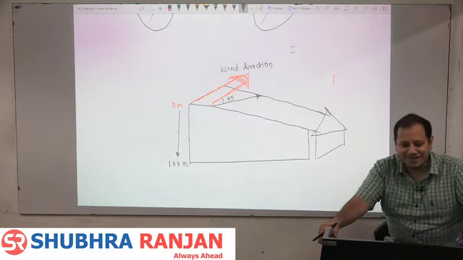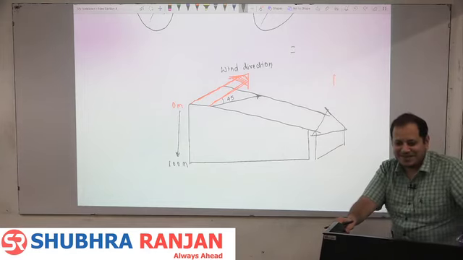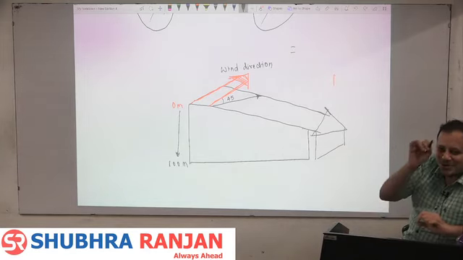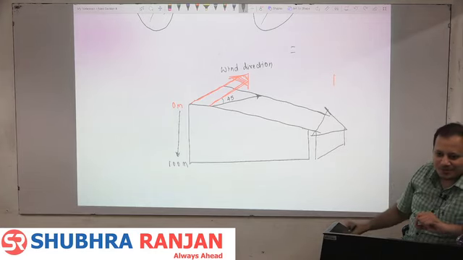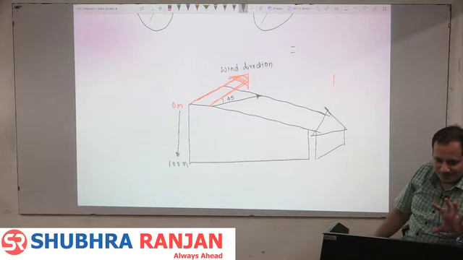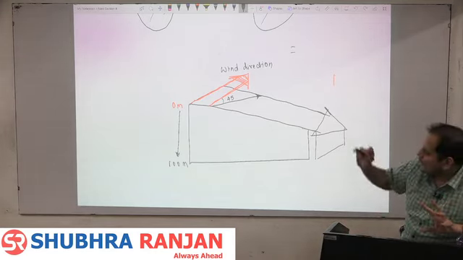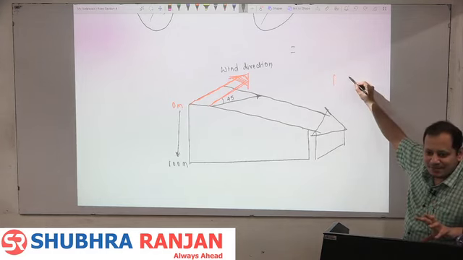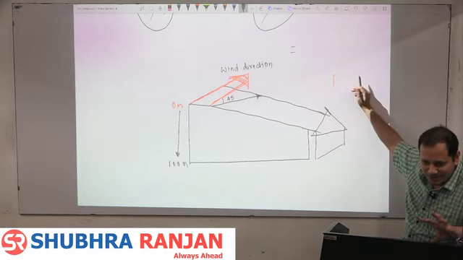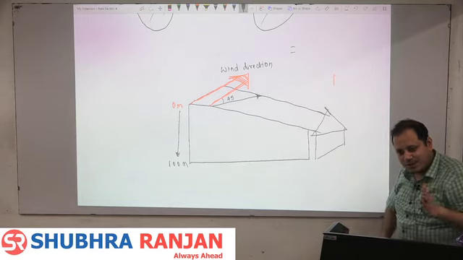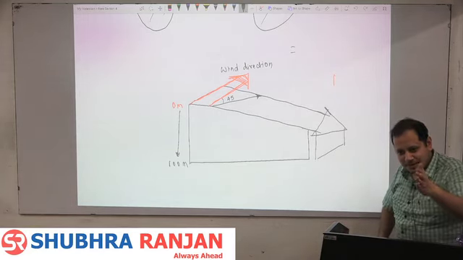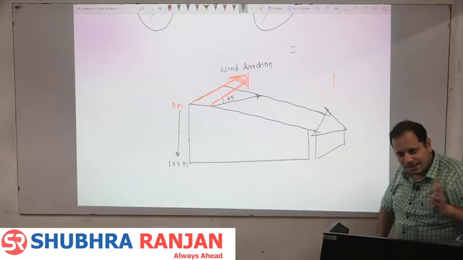Density speed को affect करेगा, Coriolis force को affect करेगा. देखो, Coriolis force is not affected by speed, but the speed affects the Coriolis force. Wind का speed is determined by the pressure gradient force. What is the difference between high pressure and low pressure? जितना ज़्यादा difference of high pressure and low pressure, उतना greater will be the wind का speed. जितना greater is the wind का speed, उतना greater will be the deflection.